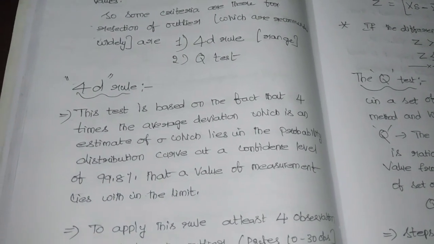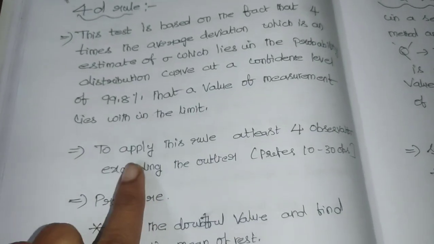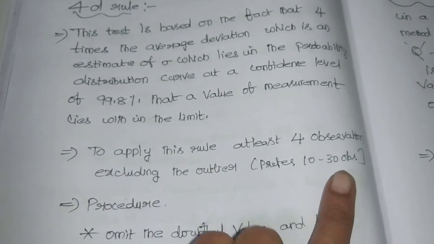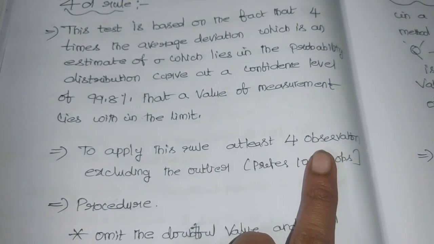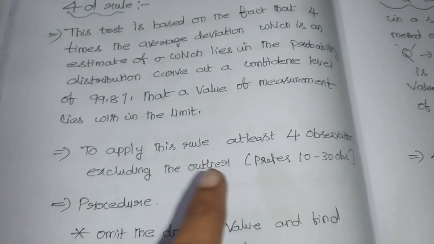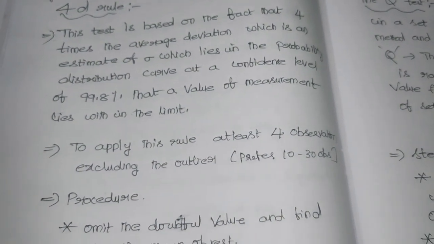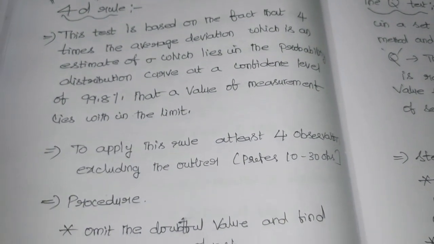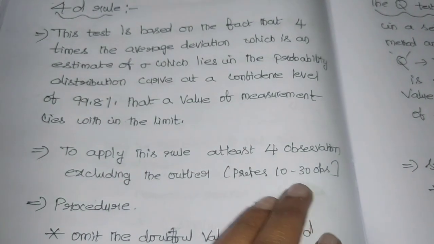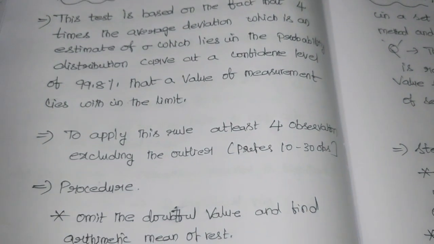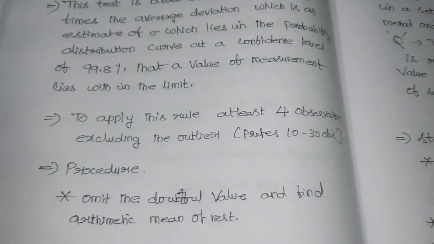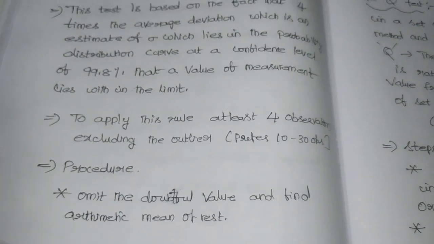To apply this rule we need at least 4 observations, excluding the outlier. We prefer 10 to 30 observations; if 10 to 30 observations are there, it is good to use this method.